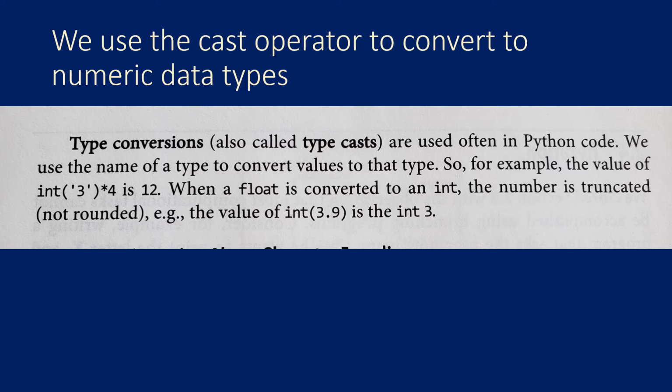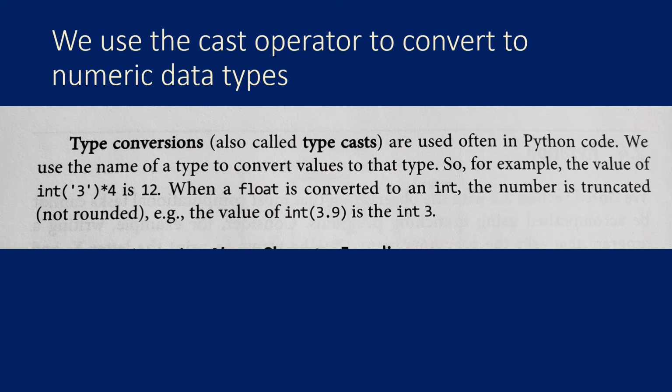So type conversions, also called typecasts, are used often in Python code. You're going to use the name of a type as if it were a command. So you're going to use the name of a type to convert values to that type.